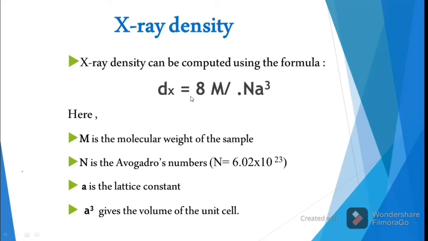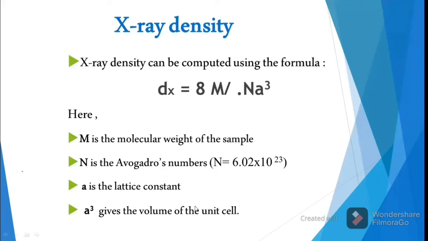So, what is 8? 8 is a constant that comes from the cubic structure. N is the Avogadro number, equal to 6.02 into 10 raised to power minus 23. A is the lattice parameter, which we have already calculated with the help of a formula, where A cube gives the volume of the unit cell.